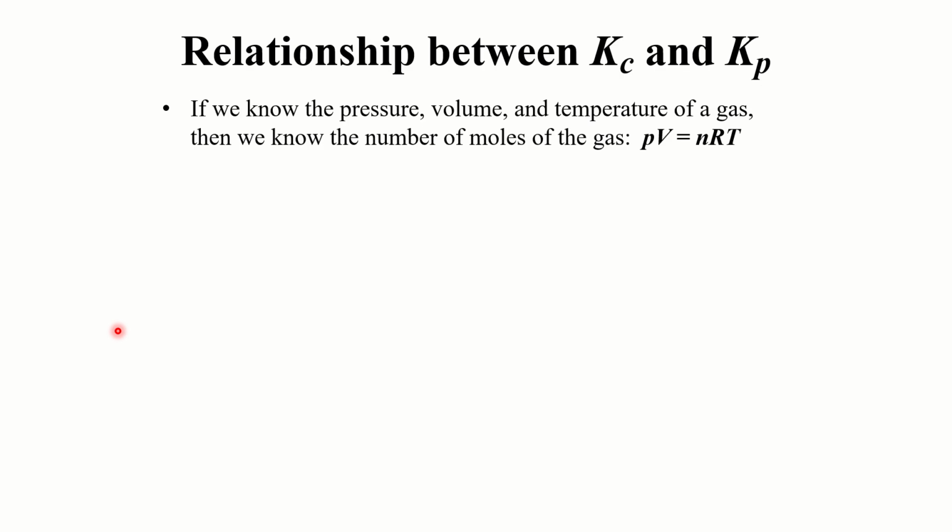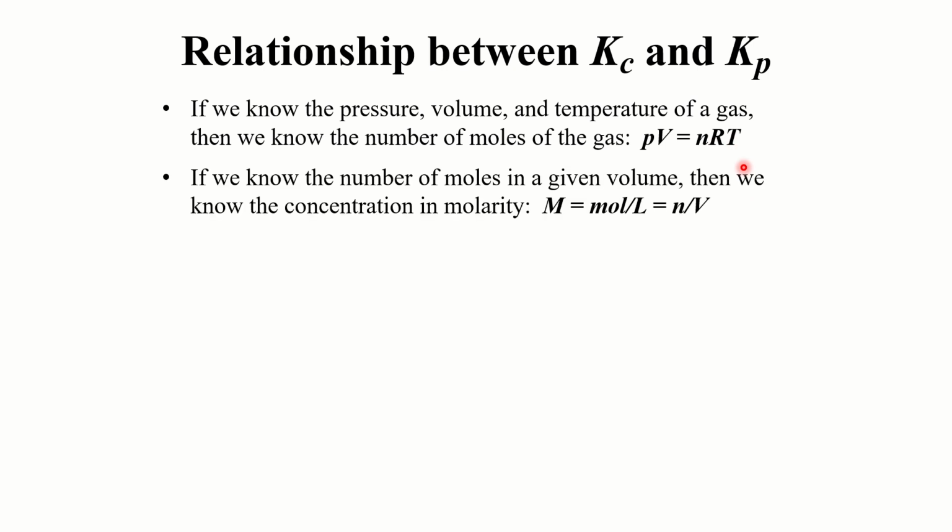All right, next let's look at the relationship between Kc and Kp. If we know the pressure, volume, and temperature of a gas, then we know the number of moles of a gas based on the ideal gas law covered in chapter 8 of the textbook we use if you need a little bit of review. PV equals nRT, pressure, volume, moles, ideal gas constant, and temperature.